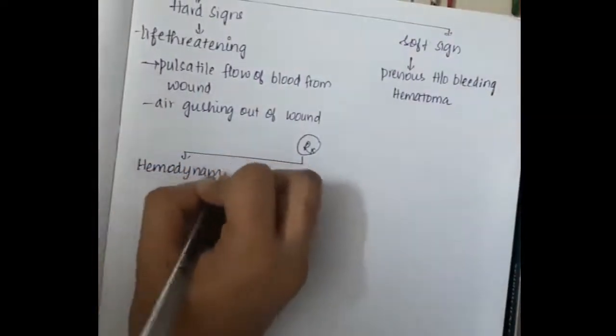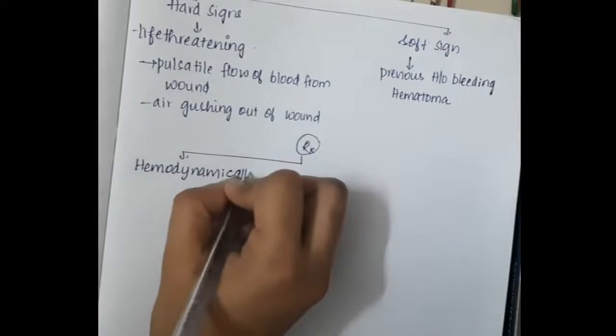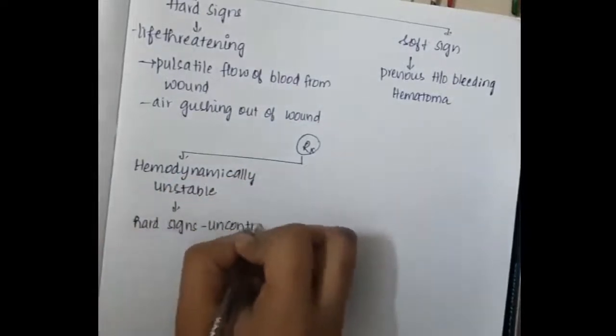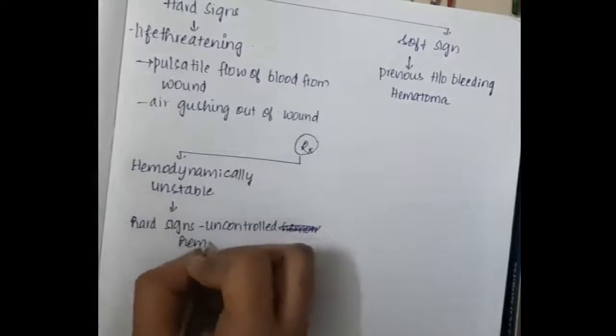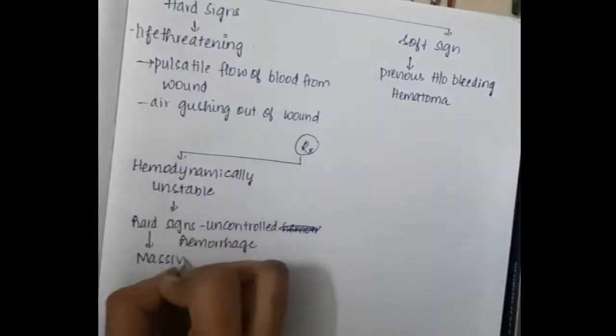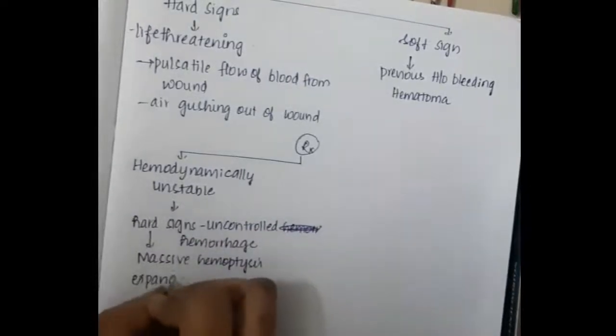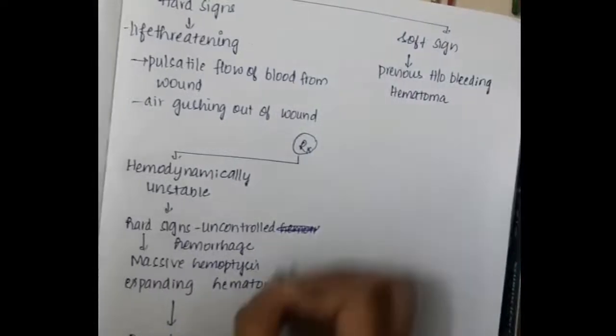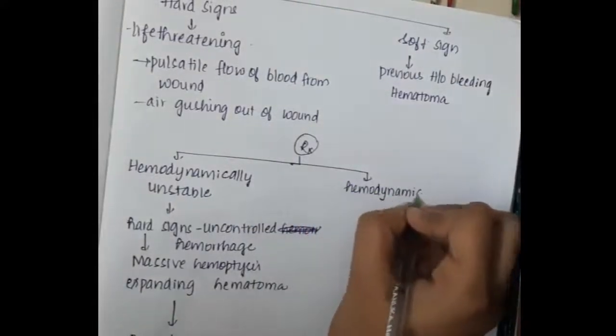So first, the first criterion is hemodynamic stability. If the patient is hemodynamically unstable, you will have to look for hard signs. Hard signs like uncontrolled hemorrhage, massive hemoptysis, expanding hematoma and shock are mostly present. In such cases, we will have to do operative management.